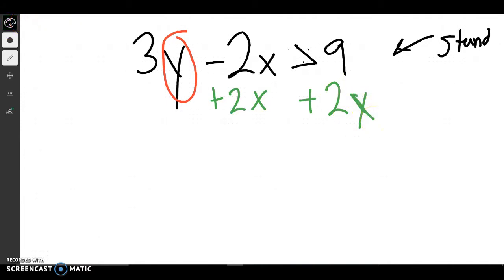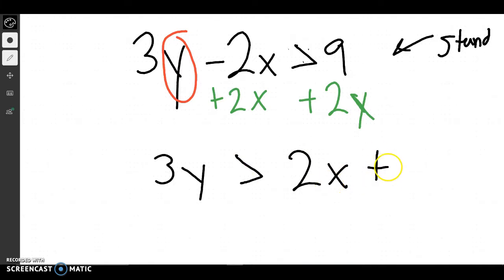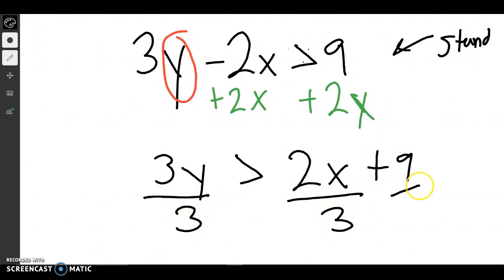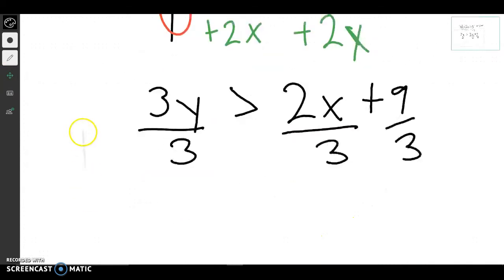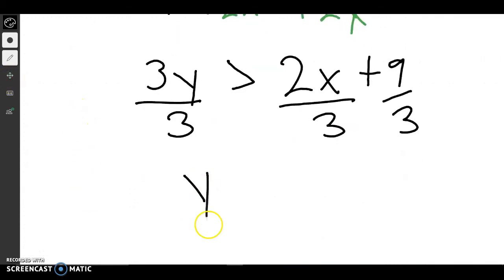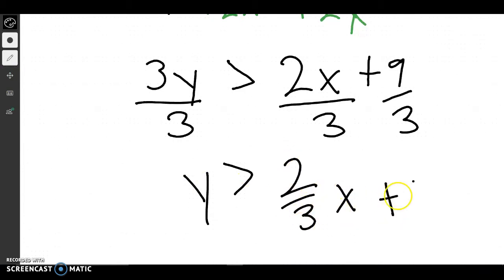That's going to give me 3y is greater than 2x plus 9. Then I'm going to divide by 3, divide by 3, divide by 3. And I'm going to get y is greater than 2/3 x plus 3.